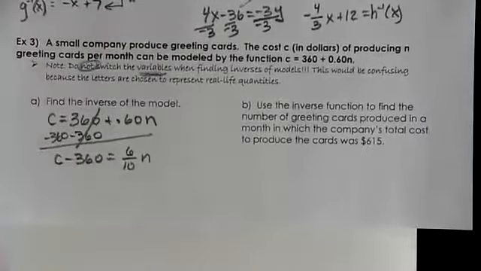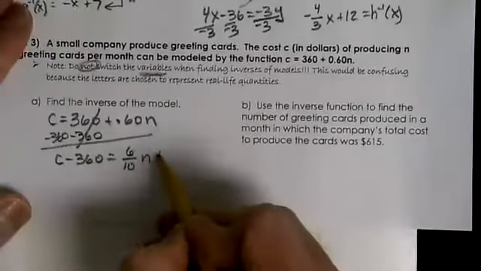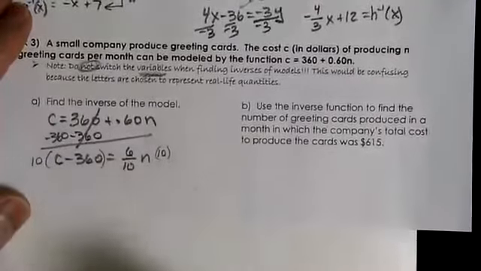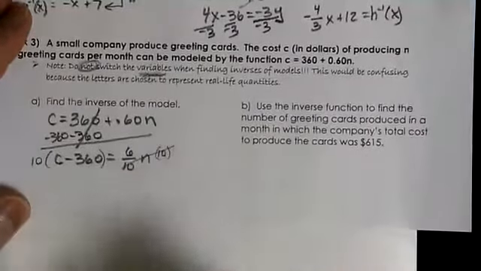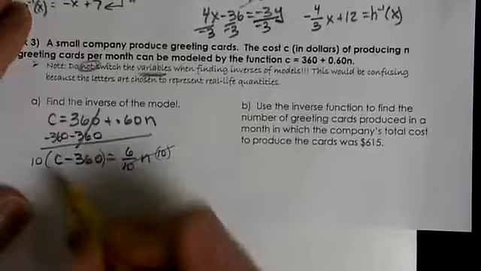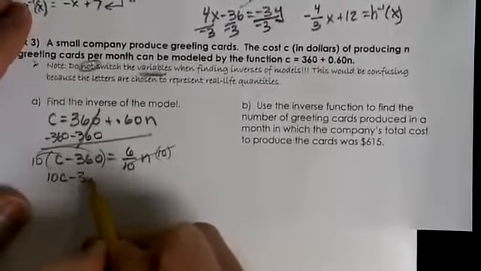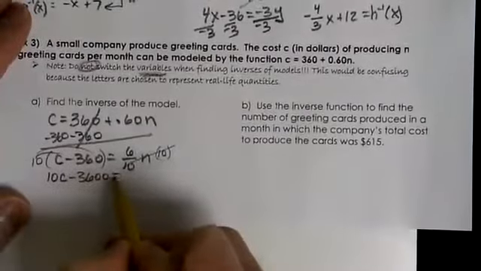You can even call that 3/5 if you want. So we're going to multiply through by our 10. That's going to cross the denominator out. Distribute gives you 10C minus 3,600.